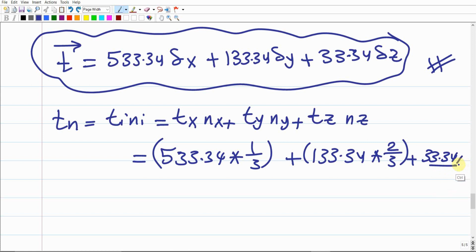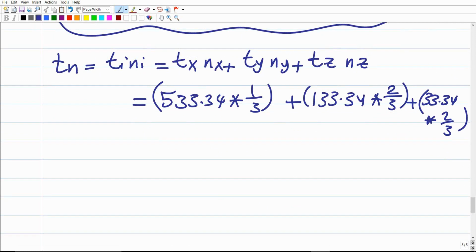Because it is times 2/3. This is gonna give us the third term. If we did the calculation, we're gonna end up with a value. So that's why it is a scalar value for the Tn.